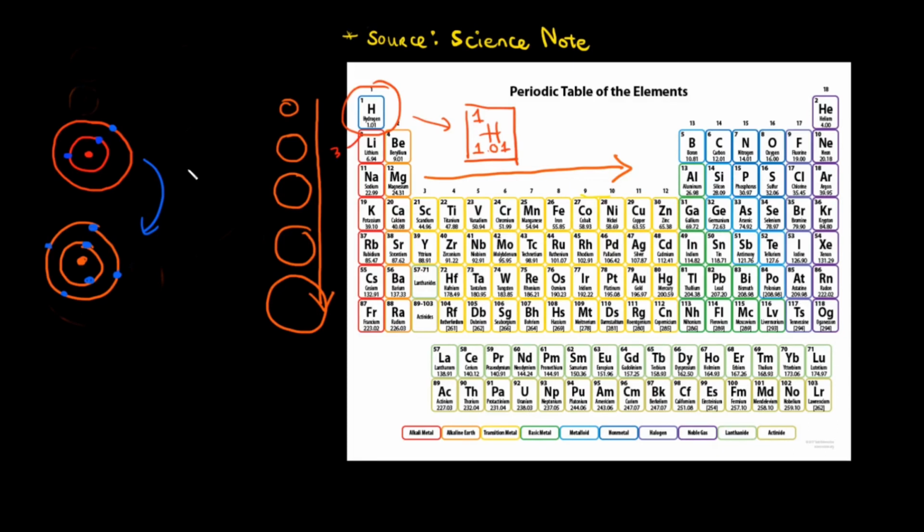But as you go further, you gain more electrons, right? That means you also gain more protons in the nucleus. Because you gain more protons in the nucleus, there is more attraction force between the protons in the nucleus and the electrons orbiting around it. So the more you go horizontally, the more protons you have, and the more protons you have, the more they attract all the surrounding electrons.